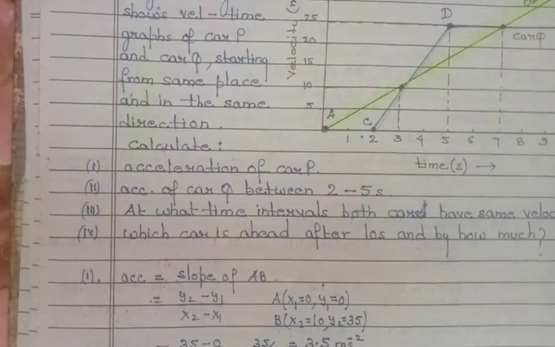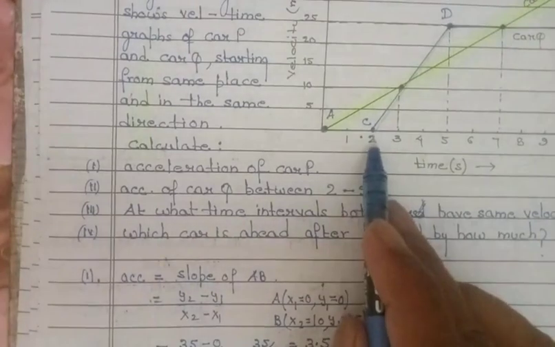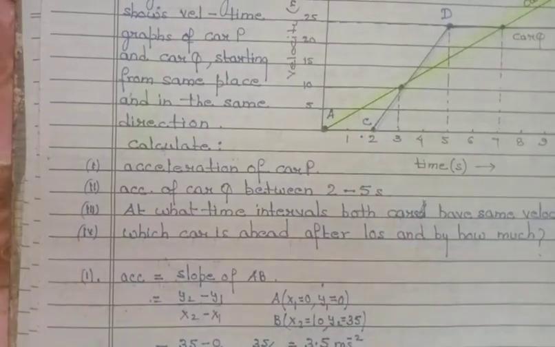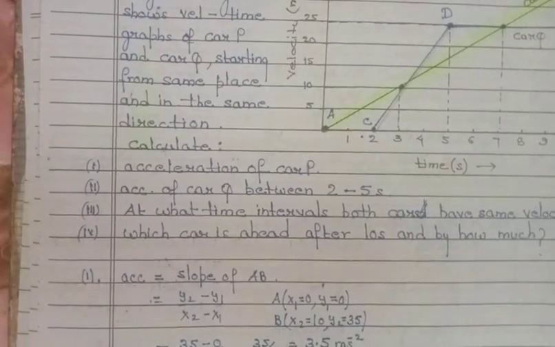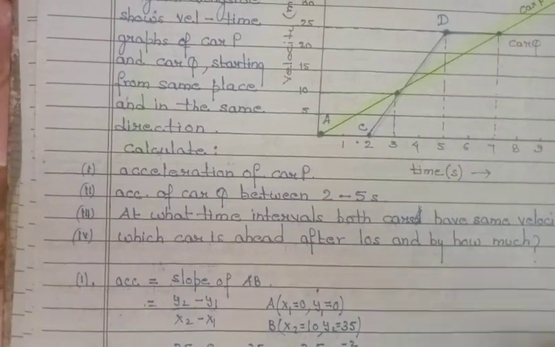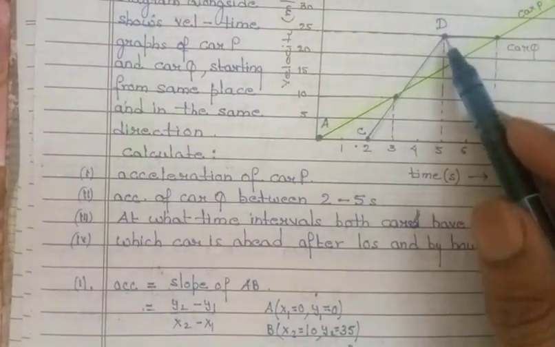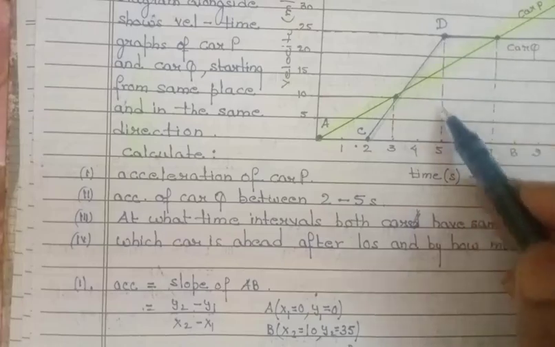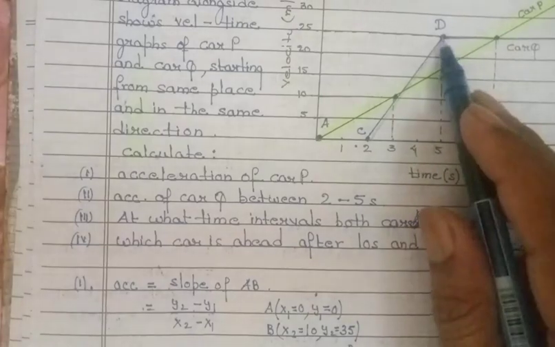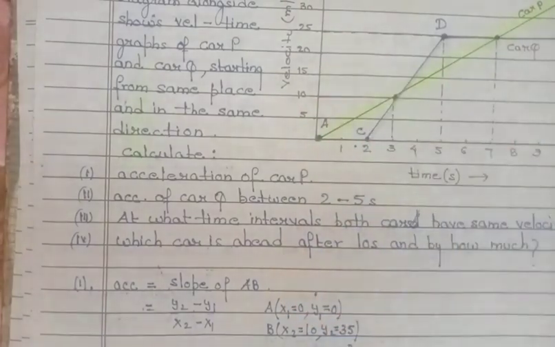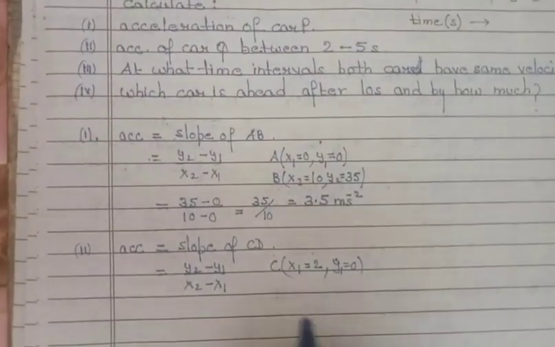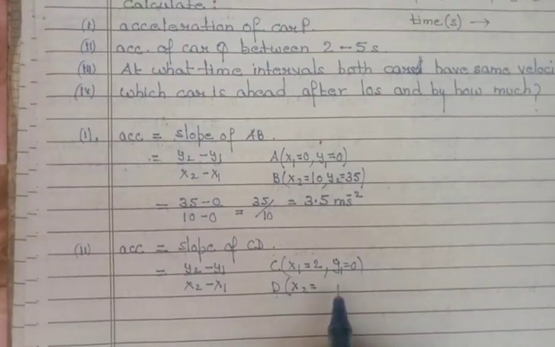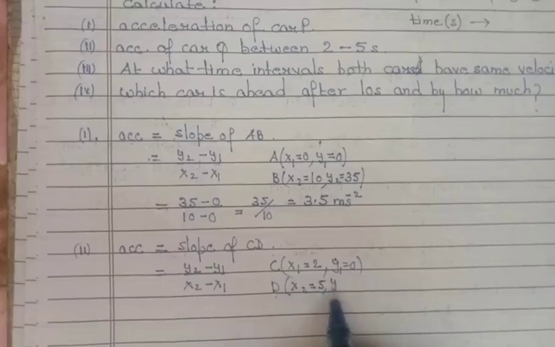So x1 is 2 and y1 is 0. Now moving on to the point D, you can see value of x is 5 and value of y is 25. So x2 is 5 and y2 is 25.